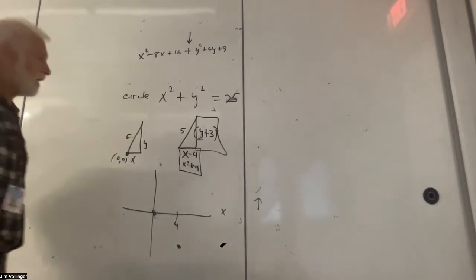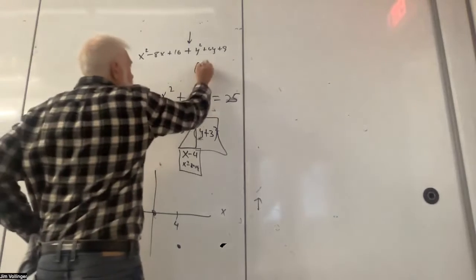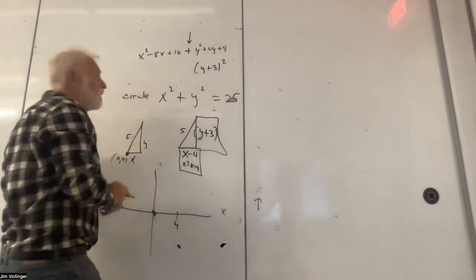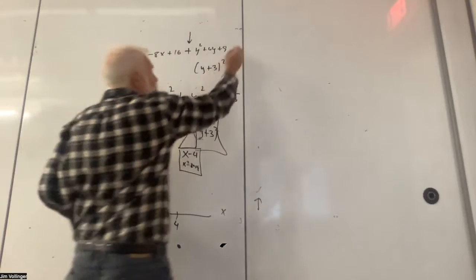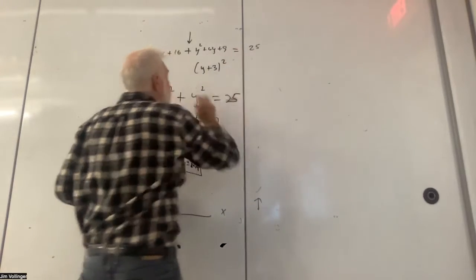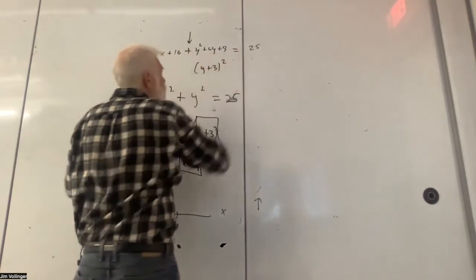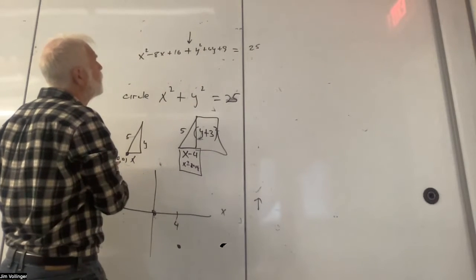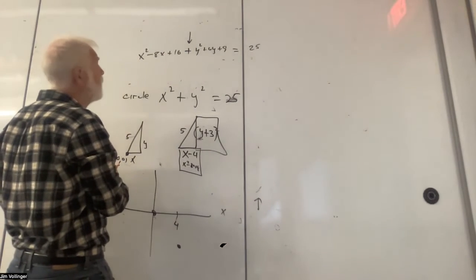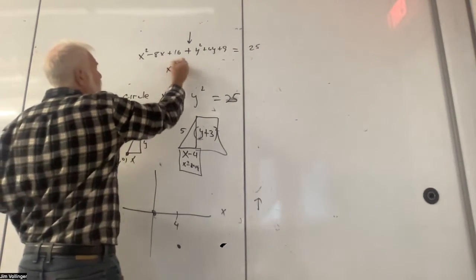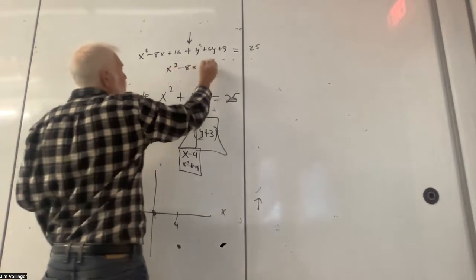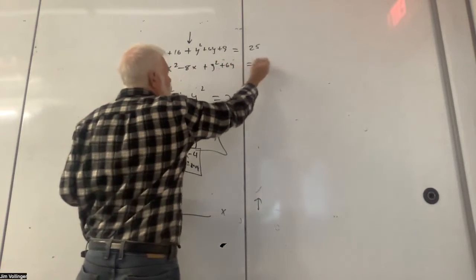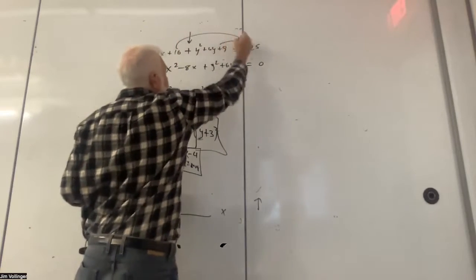We practiced binomial squaring. I expect you to be able to correctly state that. And that's going to equal 25. But let's put all of those numbers to the other side. If I do, I get 16 plus 9, 25 minus 25. I get x squared minus 8x plus y squared plus 6y equal to 0, if I move this and this over.